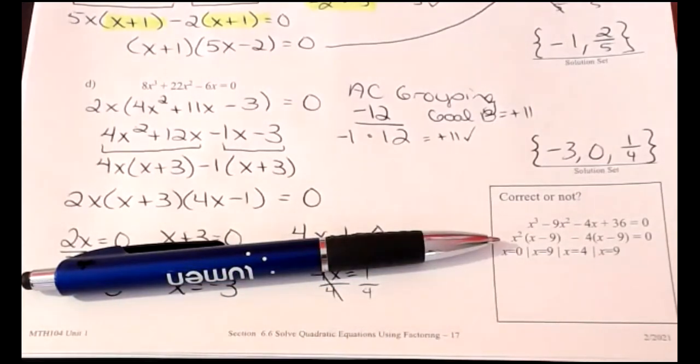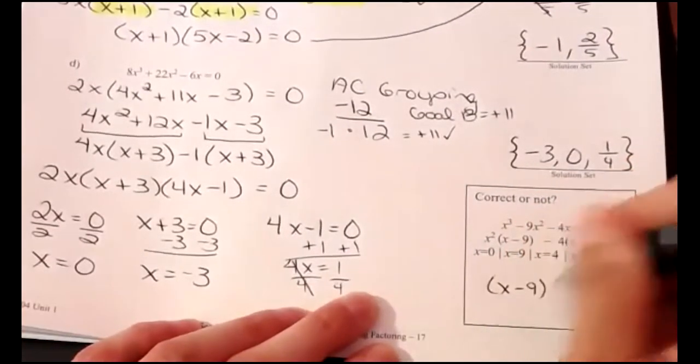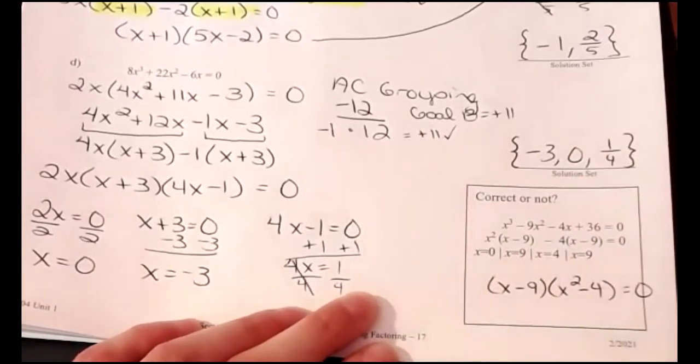Okay. So how would they fix their work? They jumped to the answer, so that's a problem. What did they neglect to do? I think they have to take x minus 9, then x squared minus 4. Okay, Jose, hold that thought right there.